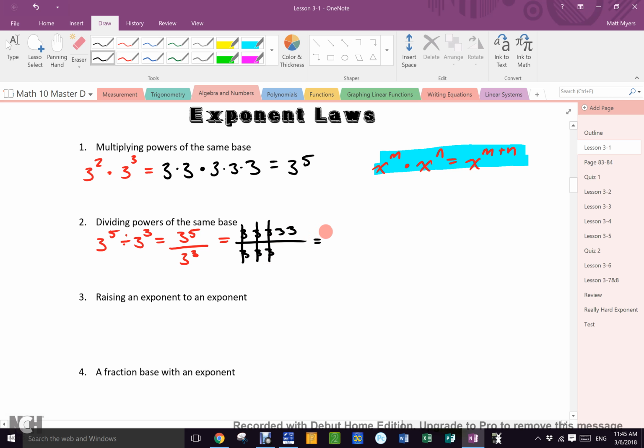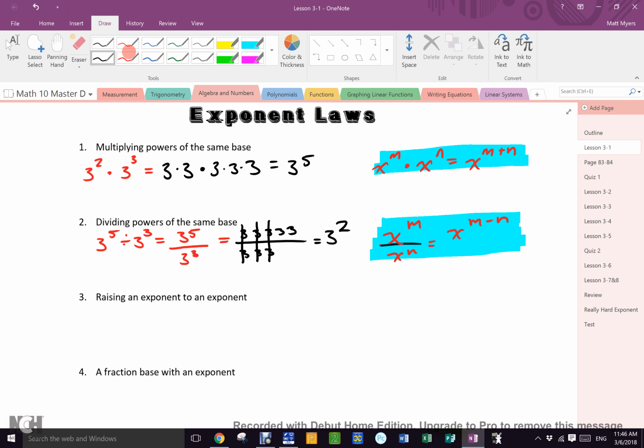And what is left over? 3 squared. What's the shortcut? m minus n. And that only makes sense because division is the opposite of multiply, so the law is the opposite of the multiplying law. Again, you already know that. Even if I never showed you this shortcut, you know it simply because you're intelligent people.